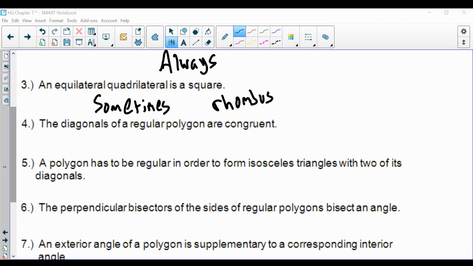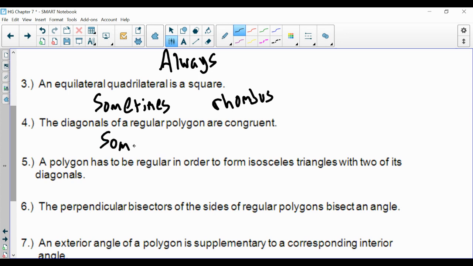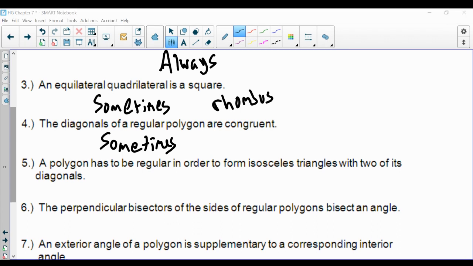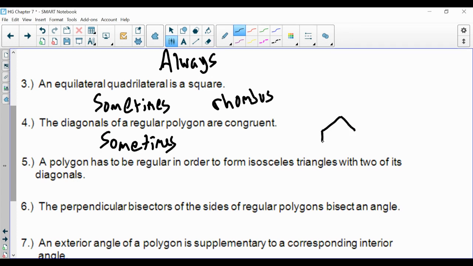Unfortunately, for this one, this is sometimes as well. And this goes back to quadrilaterals where we spend a lot of time, right? If we had a square, its diagonals are congruent. But let's go with a hexagon. Oh, man, I can't draw my hexagon very well. Here we go.